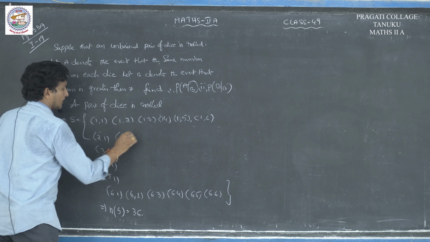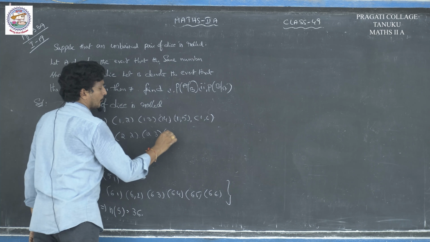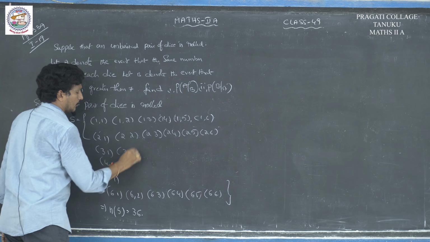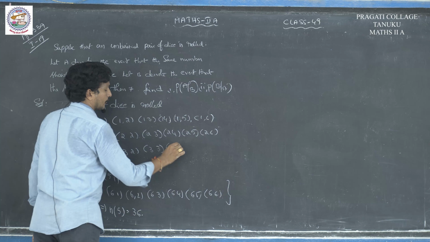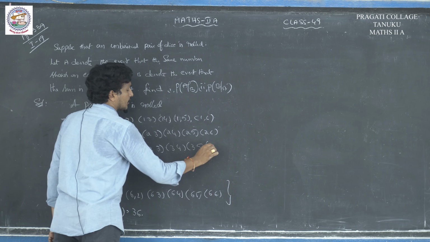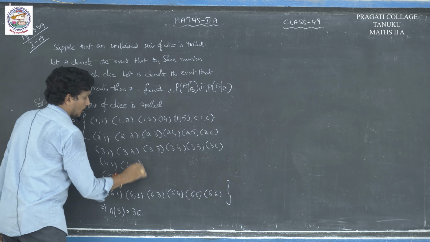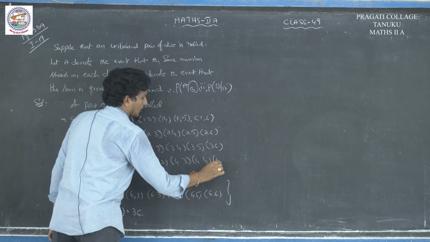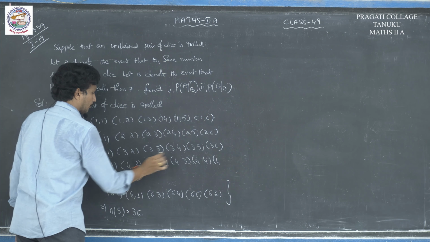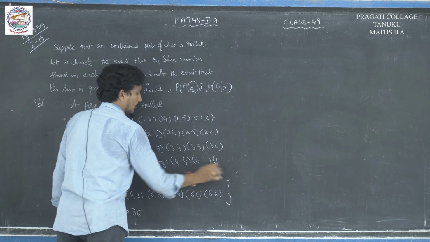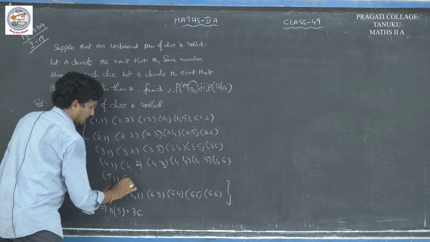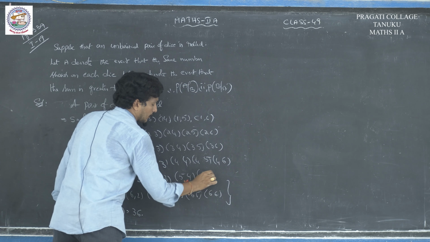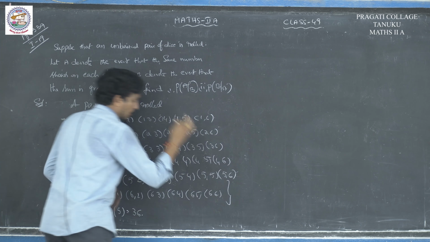First of all, to write it, 2 2, 2 3, 2 4, 2 5, 2 6, 3 1, 3 2, 3 3, 3 4, 3 5, 3 6, 4 1, 4 2, 4 3, 4 4, 4 5, 4 6, 5 1, 5 2, 5 3, 5 4, 5 5, 5 6. Here the total possibilities is 36.